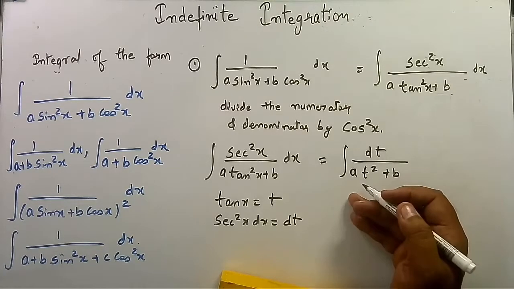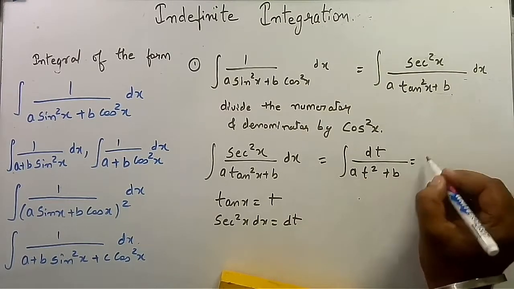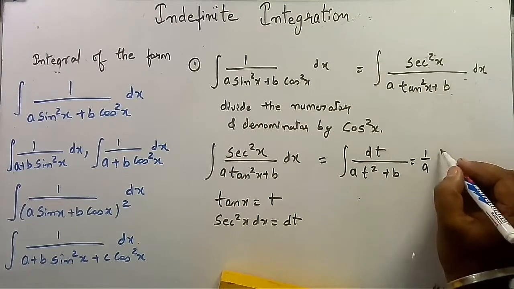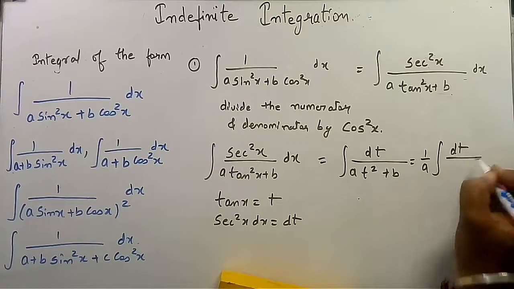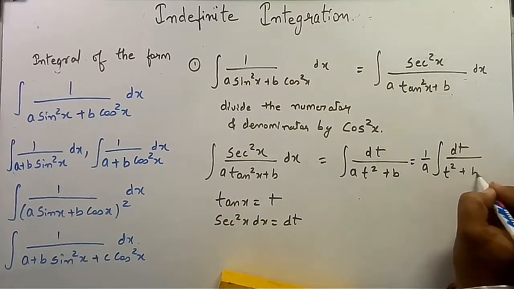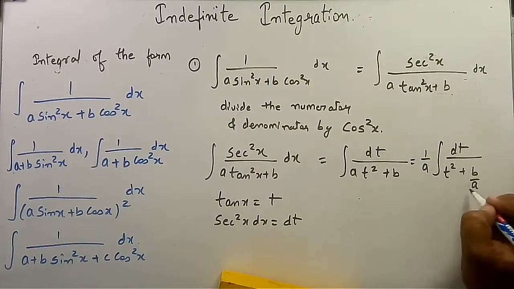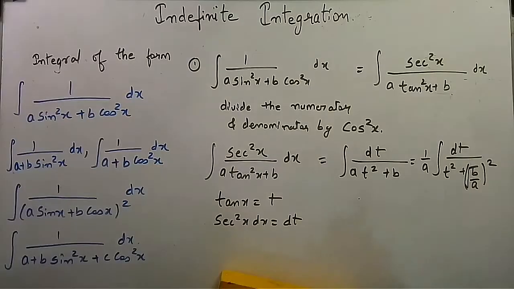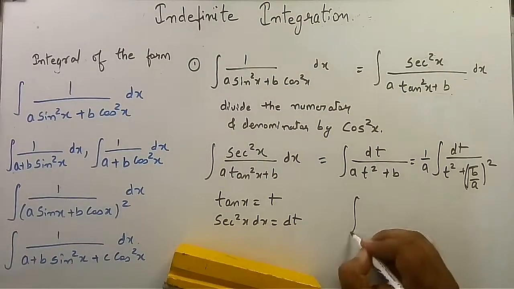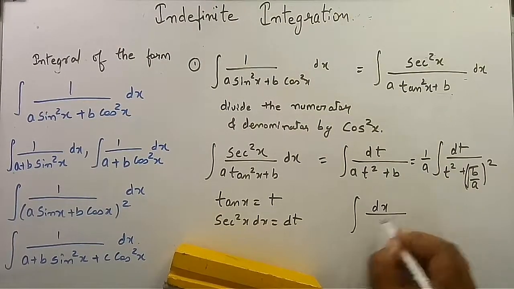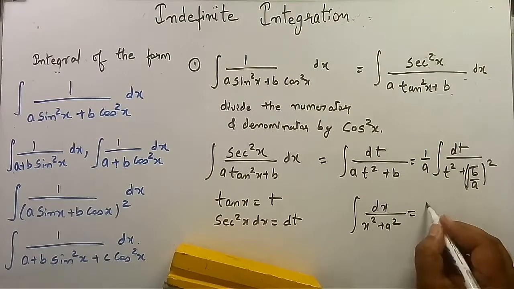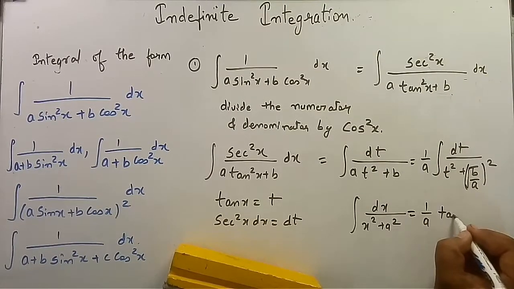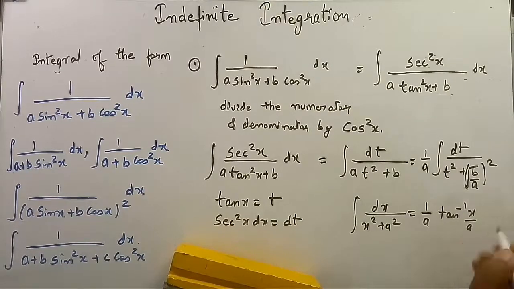Now we take this a common outside. This will become 1 by a integral of dt by t square plus b by a. This b by a can be written as under root of b by a whole square. Now we can use the integral of 1 by x square plus a square, which is equal to 1 by a tan inverse of x by a.